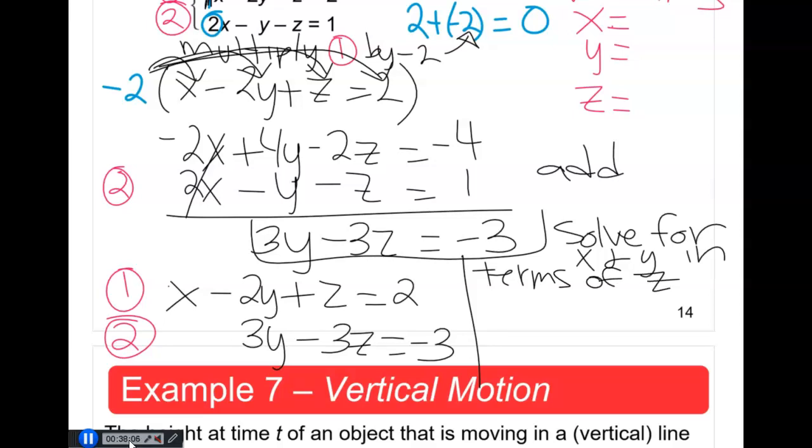So what we do here with this equation is, and this is how it works. It's going to be a little weird at first. Z is going to be any number. So we just say z equals z. Then for equation number 2, I'm going to solve for y. So I'm actually going to need more room.